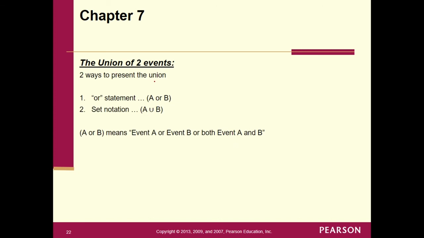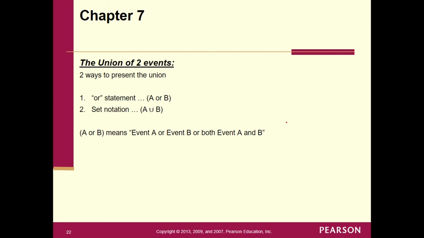Let's talk about the union of two events. There are two ways to present the union. You can use an or statement, so events A or B, or you can use set notation where you have this U-looking thing. What exactly do we mean by A or B? Well, that means that event A has occurred, or event B has occurred, or both events have occurred.